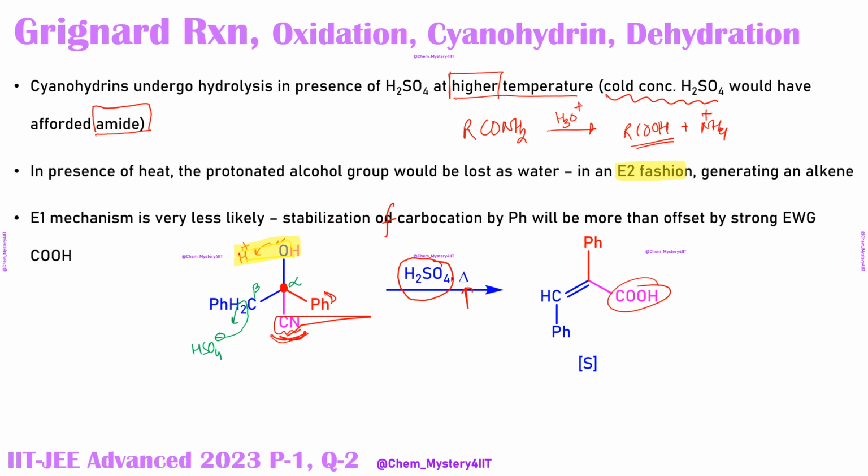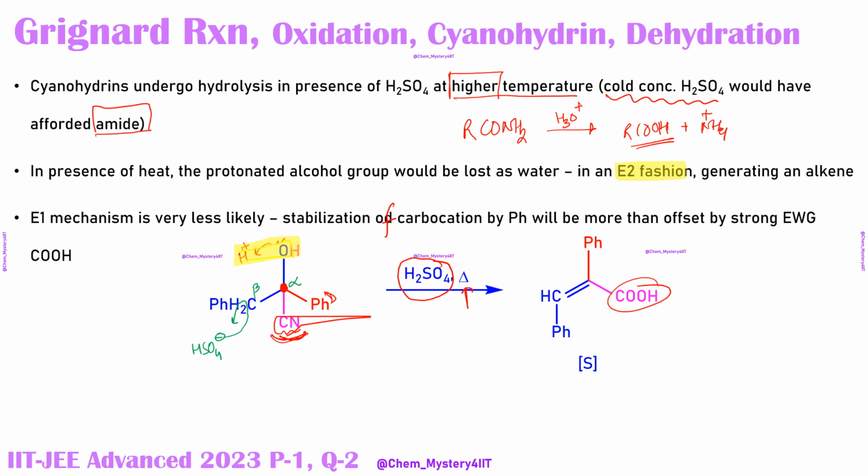The transition state over here, which is relatively electron rich, can be stabilized by this electron withdrawing group. That favors the E2 mechanism and disfavors the E1 mechanism. So we expected this reaction to give a double bond, and although E1 and E2 are both possible, E1 is going to be very, very less likely. E2 is going to be favored under the reaction sequence given here.